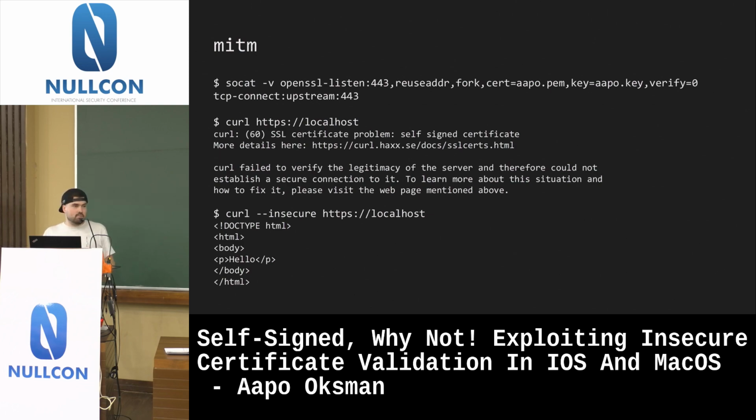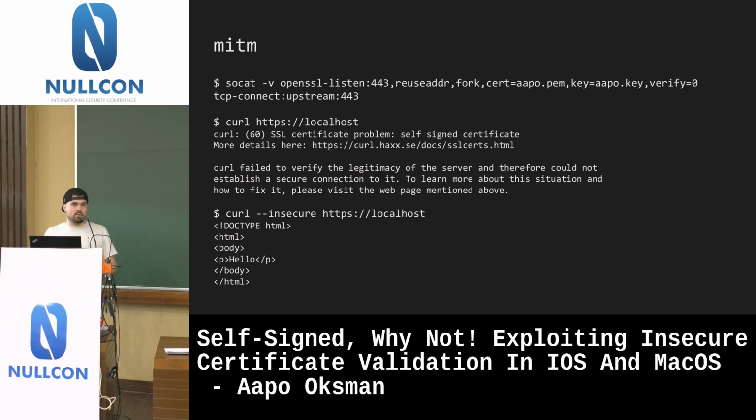But like I said, it's super easy to just turn off certificate validation. For curl, you can use the flag insecure, and then it will just connect. So if someone is using curl with the insecure flag, you can intercept all the connections. This is something that I see quite a lot as a professional penetration tester.